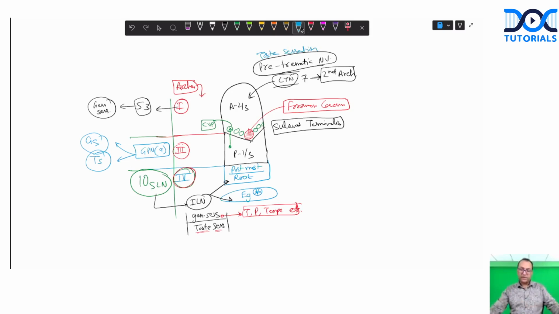So let me repeat the information again. All of these are MCQs. The anterior two-thirds of the tongue minus the circumvallate papillae have two nerves to supply.